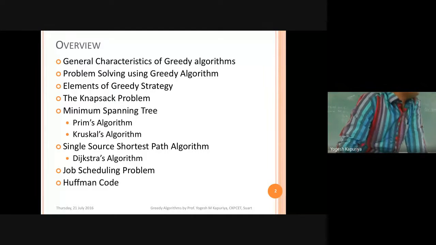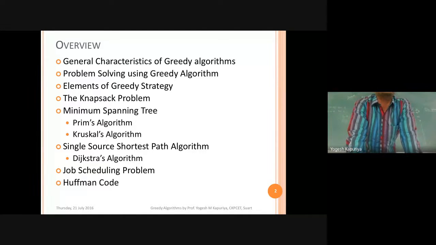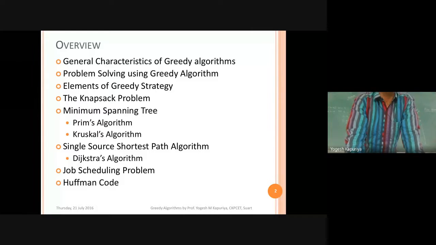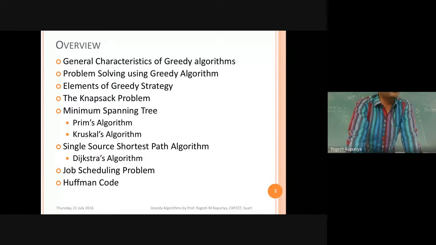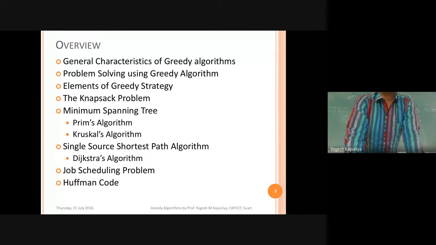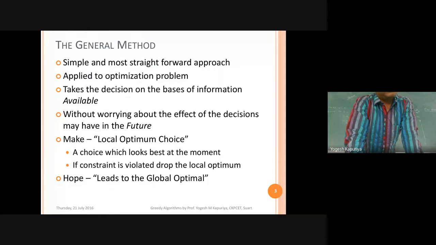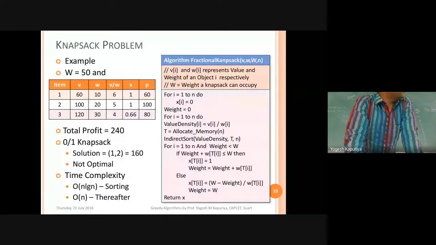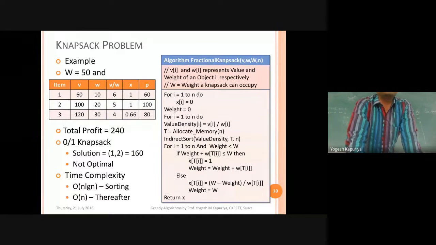If you consider the knapsack problem, what we are doing is finding the value density, that means the value per weight unit of an item. You are sorting the items on the value density.